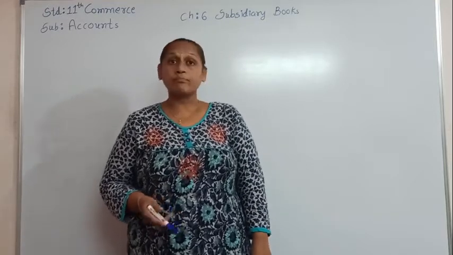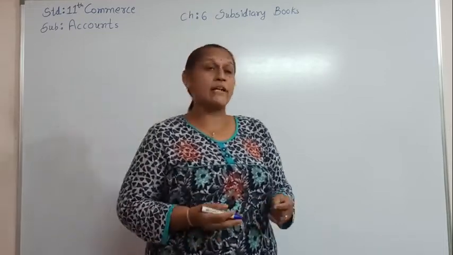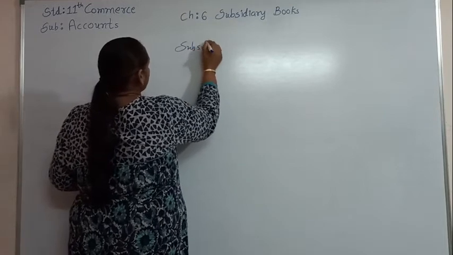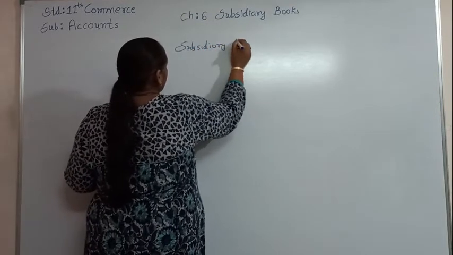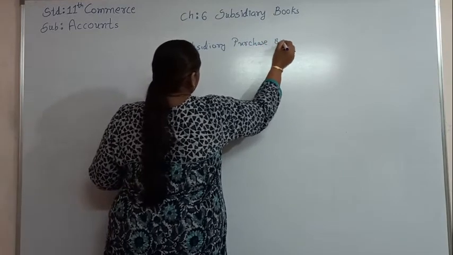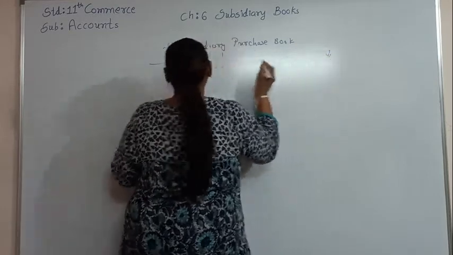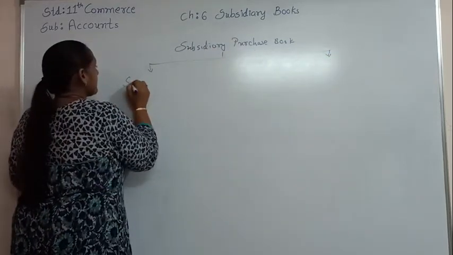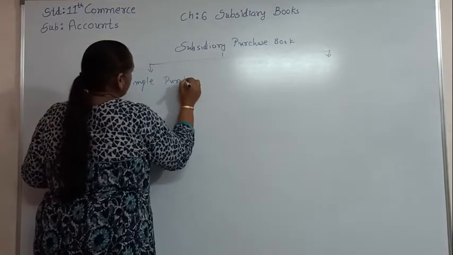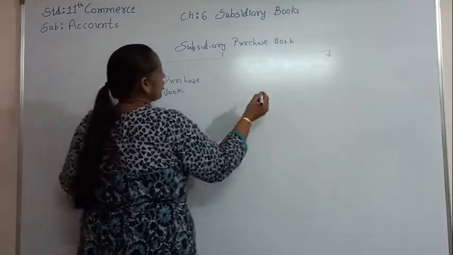So here the subsidiary purchase book is again divided into mainly two categories. That is simple purchase book, and the second is a columnar purchase book.